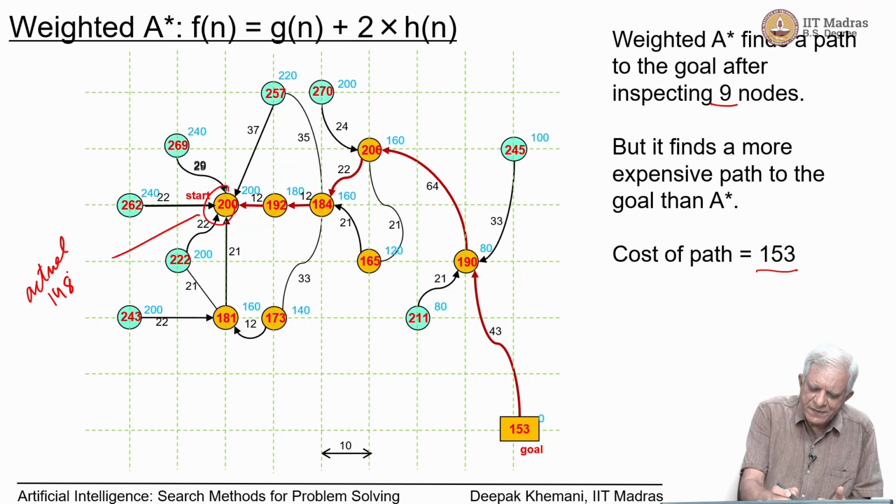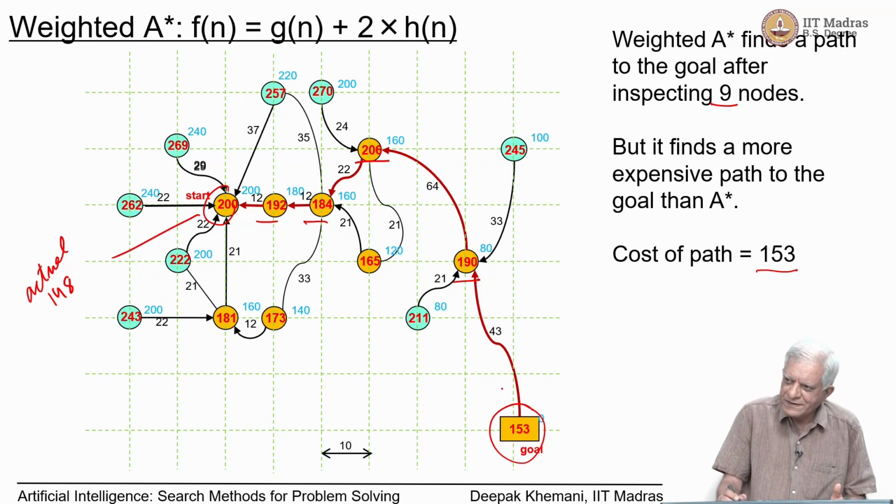So, as you can see on the path that it has found, it goes from 200 to 192 to 184, then it goes up to 206 again, but then again comes down to 190 and eventually to 153 essentially. The f values increasing is not a phenomenon here.